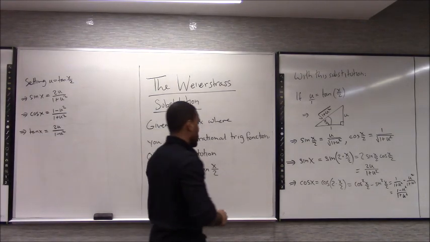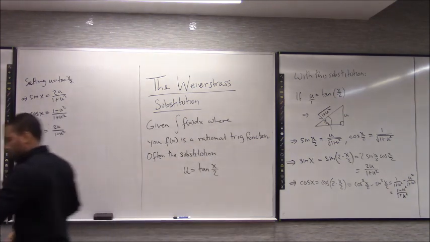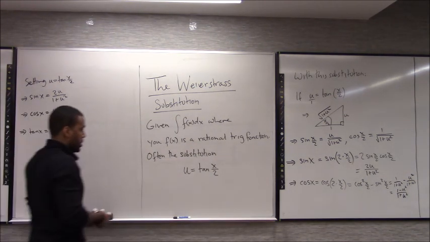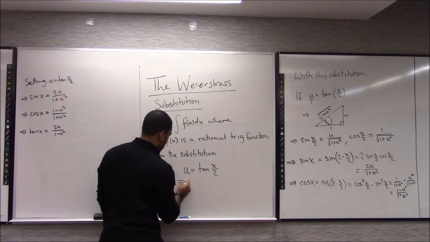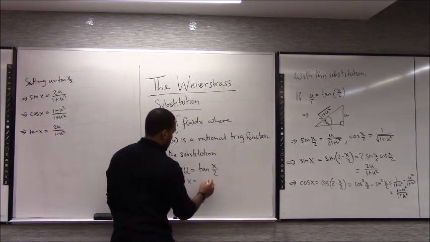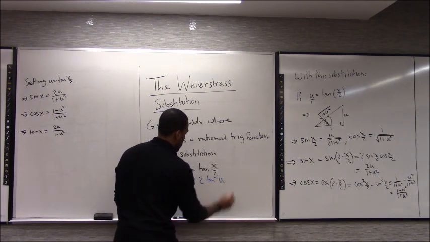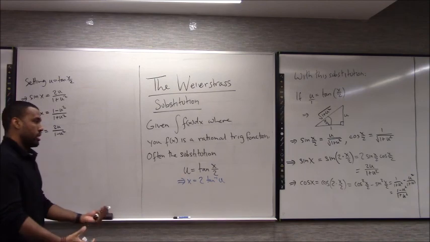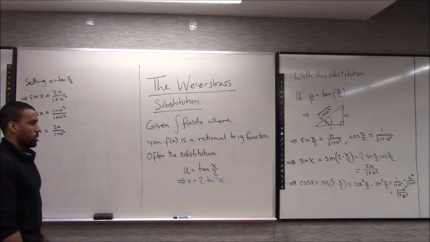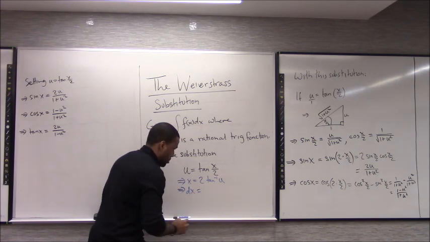Also, what you will notice is that from here, I could actually solve for x. X would actually be 2 tan inverse of u. And so you take the tan inverse of both sides and multiply by 2, which means I can actually take the derivative of both sides.